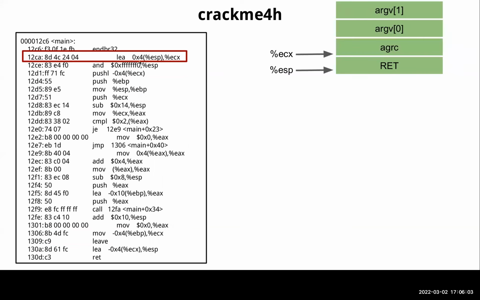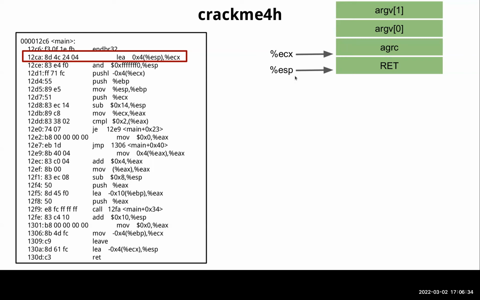So let's take a look at what we're doing here. Before we call into this function, this is the main function. The C library function will call the main function, right? So the very first instruction of the main function, the endbr, ignore that. Then the second instruction is load effective address of ESP minus 4 into ECX.